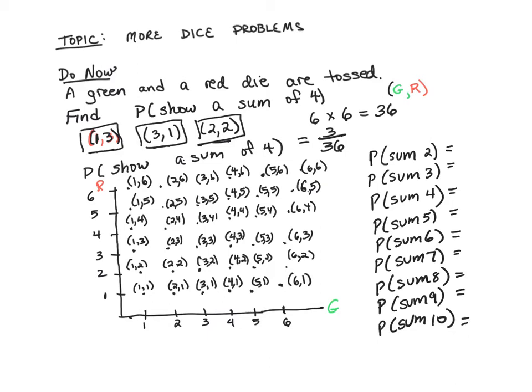Okay, so let's circle. The outcome for a sum of 2 is just 1. It's 1, 1. So that's 1 out of 36. A sum of 3, we already have a 1, 2 and a 2, 1, and that would be 2 out of 36. A sum of 4, we've already listed, they're here.